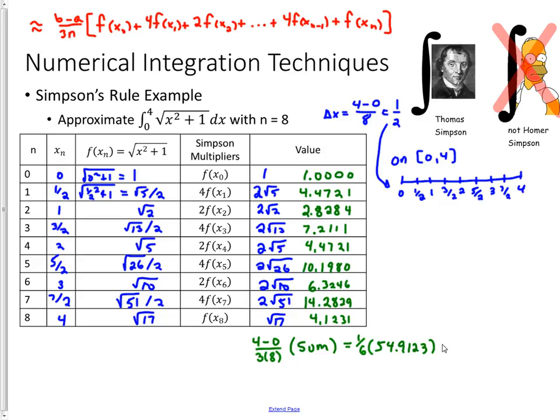And by doing some appropriate mathematics here, of course, we end up with 7.9011 as the approximate value of our integral from 0 to 4 of the square root of x squared plus 1 dx. So the process is pretty straightforward.